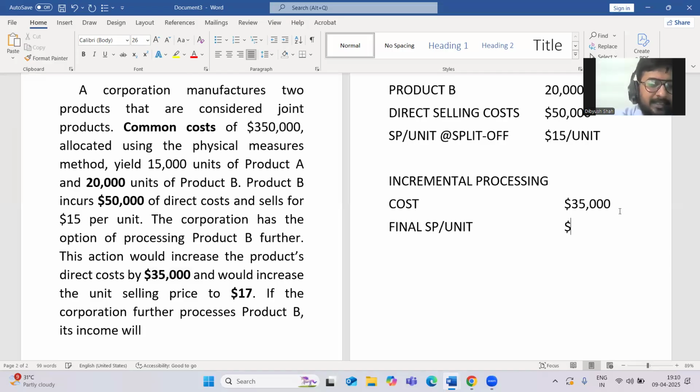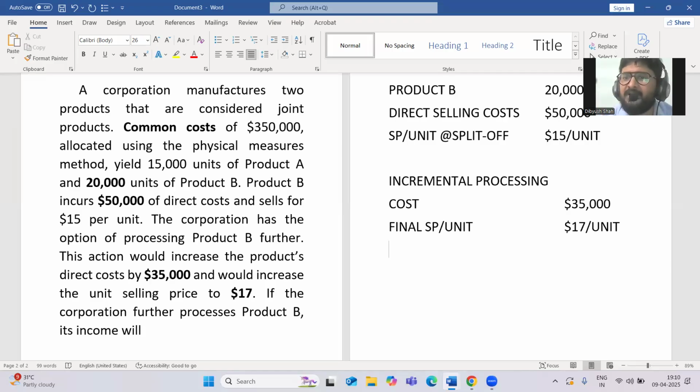Now they are asking, if I decide to further process, what will happen to the income? First of all, at split off, I was getting $15, and this was after incurring a selling cost of 50,000. So I will not consider that because that was part of the 50,000.